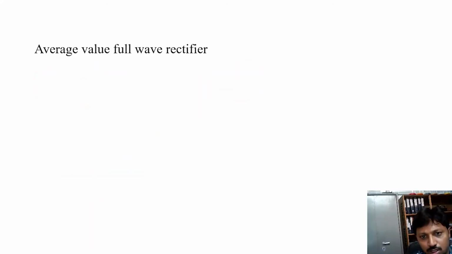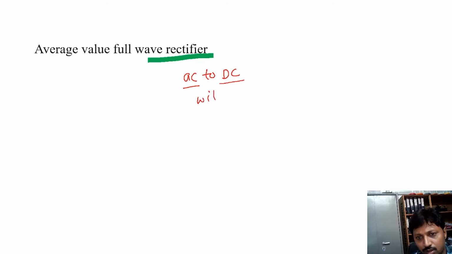So next we are going to study the full wave rectifier. It means we are going to find the average value for the full wave rectifier. What is the function of a rectifier? A rectifier converts AC to DC, alternating current to direct current, with the help of diodes.